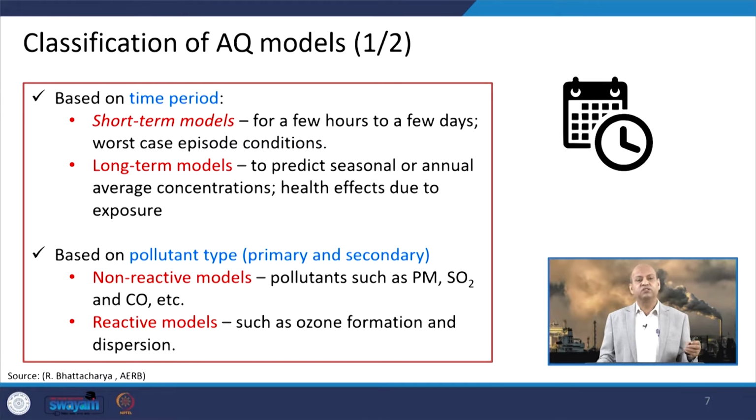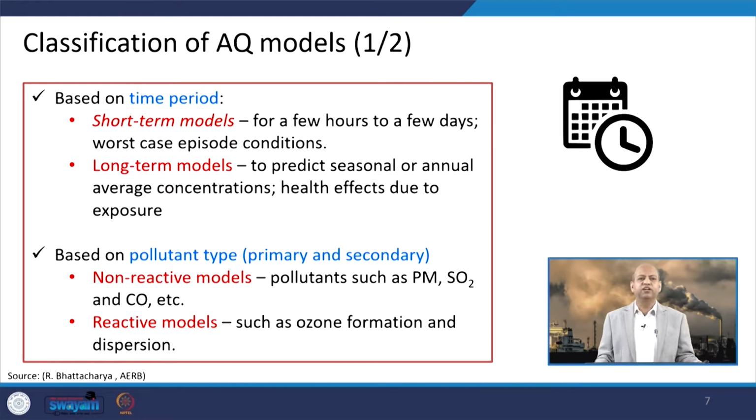Then long term models predict seasonal or annual average concentrations or health effects due to continuous exposure, like chronic exposure. Short term models address acute exposure, meaning shorter duration, very high concentration. Chronic exposure means lower concentration, but longer term exposure for several months or years.